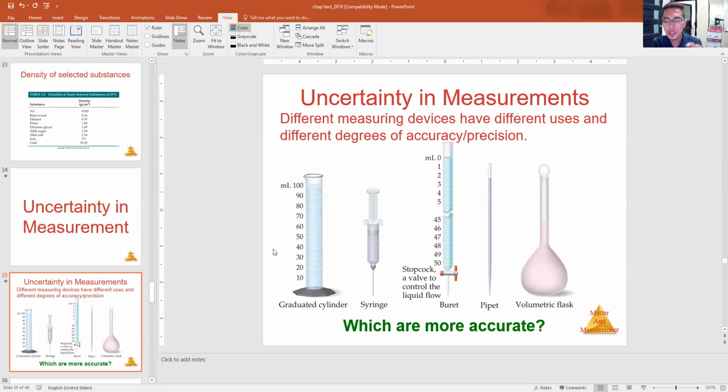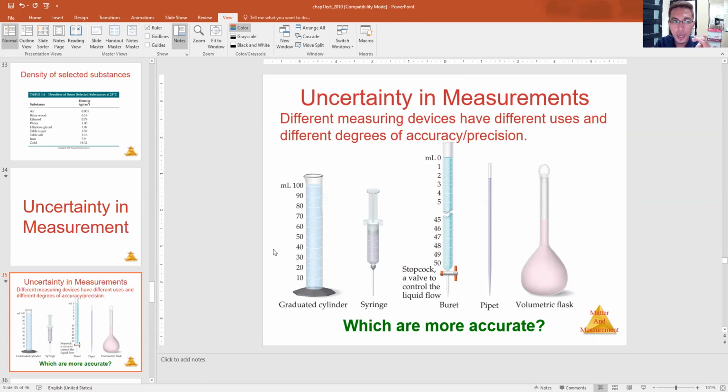We use different laboratory apparatus with different accuracy and precision: the graduated cylinder, syringe, burette, pipette, and volumetric flask.